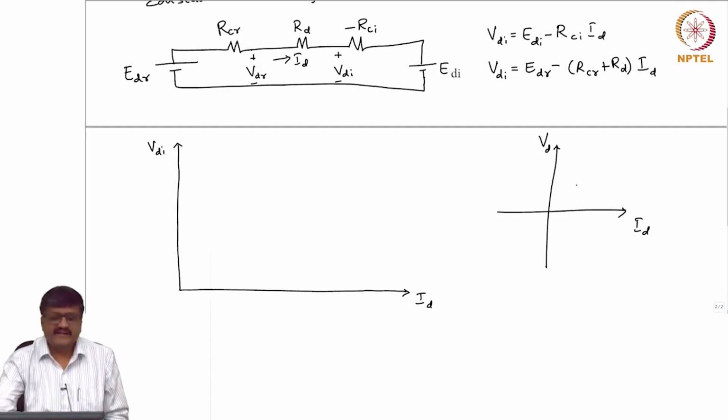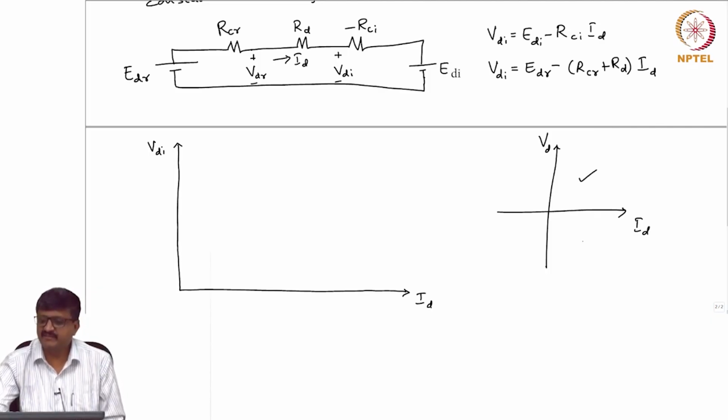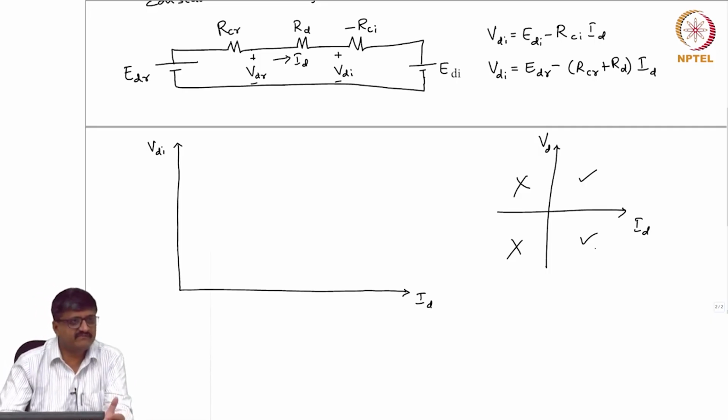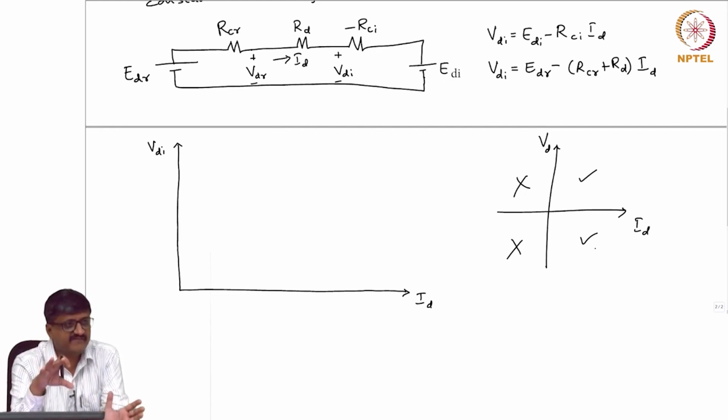ID is always positive, so that means operation is possible in the first and fourth quadrant, because VD can be positive or negative depending on the converter acts as a rectifier or inverter, whereas the second and third quadrants were not allowed. Now, first and fourth are allowed because it's the same converter that can operate both as rectifier and inverter. Now, I have 2 converters in the system, one is fixed to be rectifier, another is fixed to be inverter, so there is no change of role.